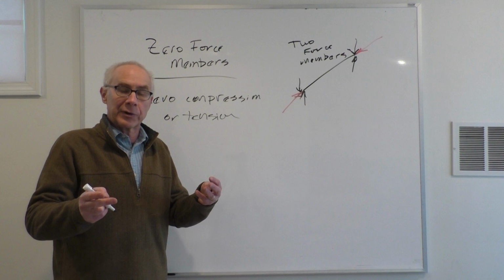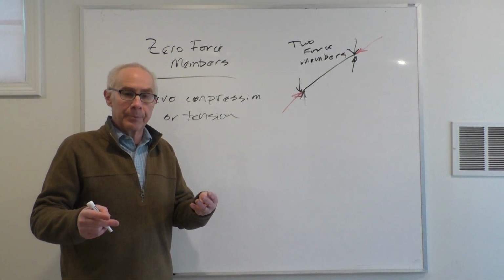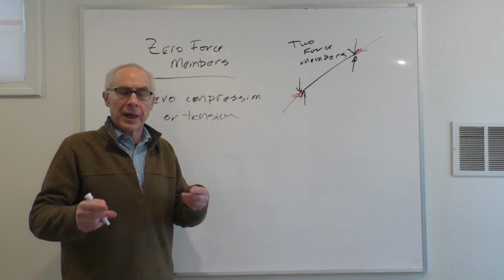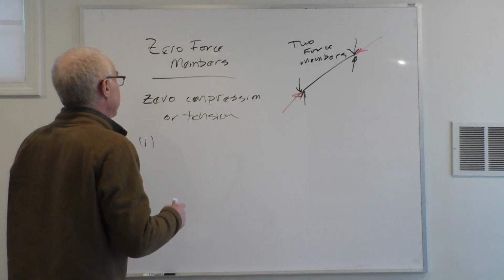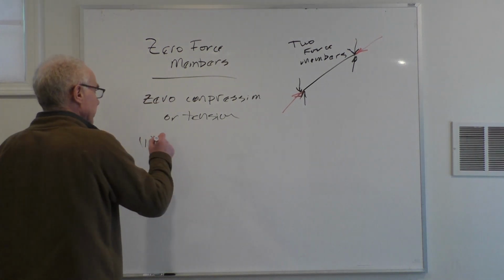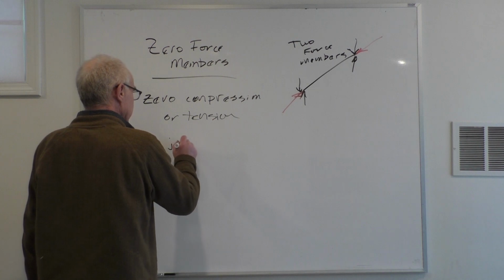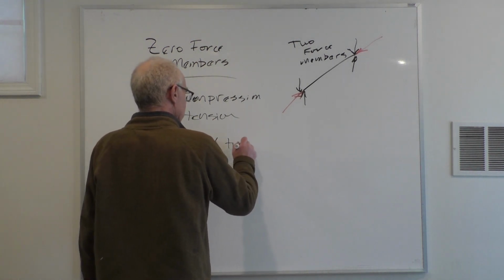And now we're talking about trusses, which basically consist of slender members joined at their endpoints. Remember that. And so the first circumstance where you may have a zero force member, if you have a joint with two members.